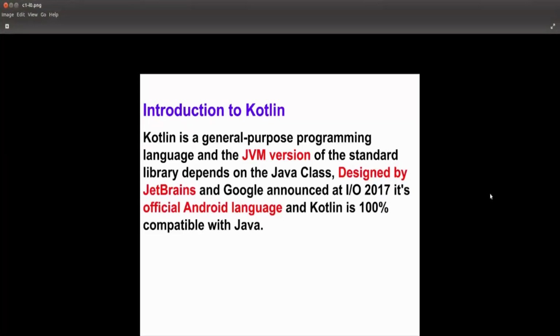Kotlin is a general purpose programming language and the JVM version of the standard library depends on the Java class library. It was designed by JetBrains, and Google announced at I/O 2017 it is the official Android language, and Kotlin is 100% compatible with Java.